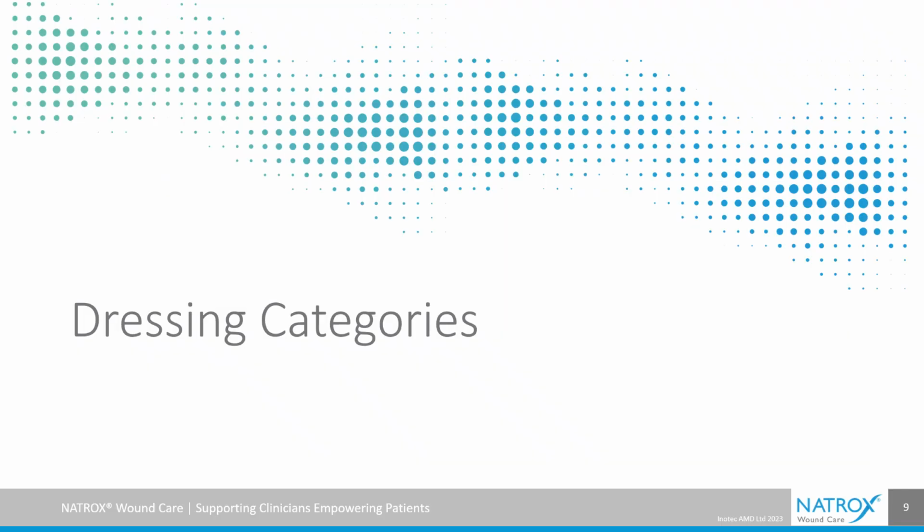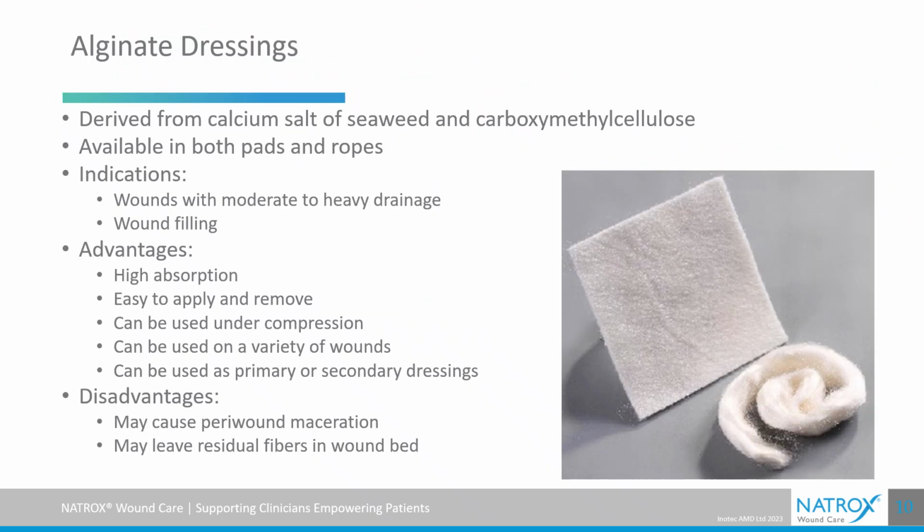Let's talk about different dressing categories. Alginate dressings are derived from calcium salts of seaweed and carboxymethylcellulose. They are available in both pads and ropes. They are indicated for wounds with moderate to heavy drainage and also can be used for wound filling.